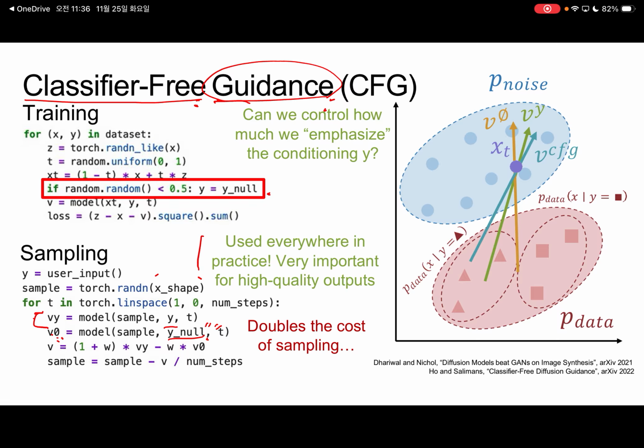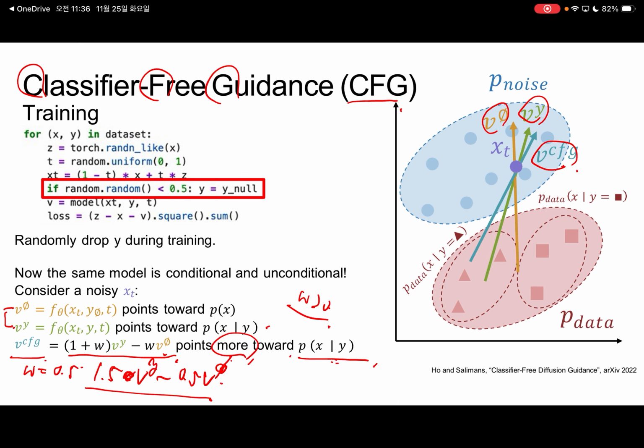If W is equal to 0, then it is the same as Vy, right? W equals 0, VCFG equals Vy, right? But if W is equal to maybe 100, maybe we can set a very high W, right? Of course, in such a case, we have some bad results.